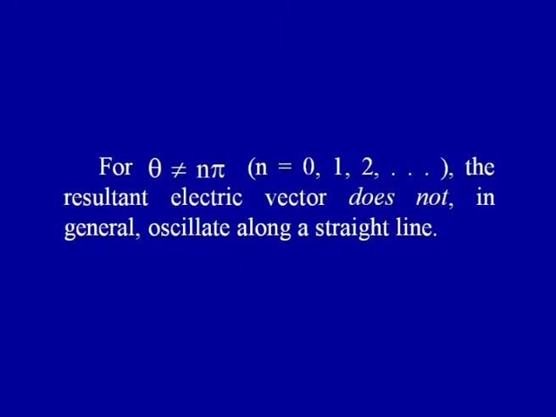For theta not equal to n pi, if the phase difference is not an integer multiple of pi, not equal to 1 pi or 2 pi or 3 pi, the resultant electric vector in this case does not oscillate along a straight line.